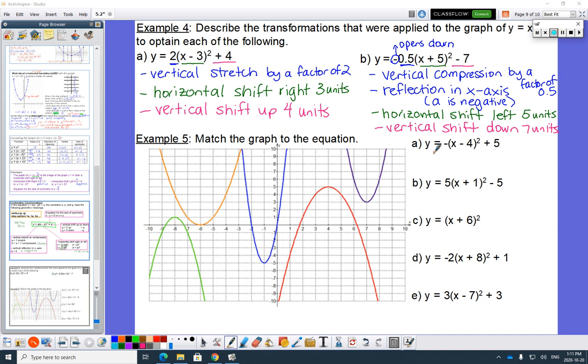So this one opens down, and the vertex is positive 4, positive 5. Which is the red one. So this vertex 4, 5, and it opens down. This one opens up, and the vertex is negative 1, negative 5.